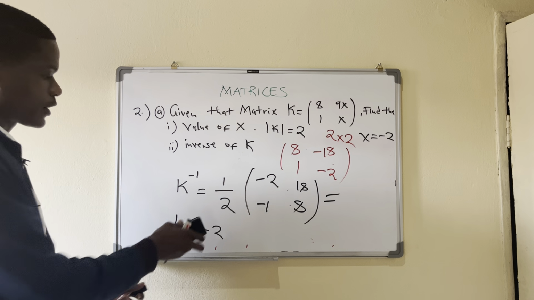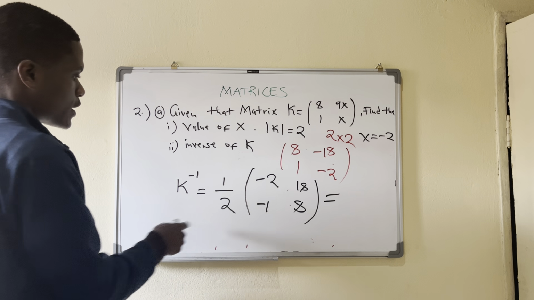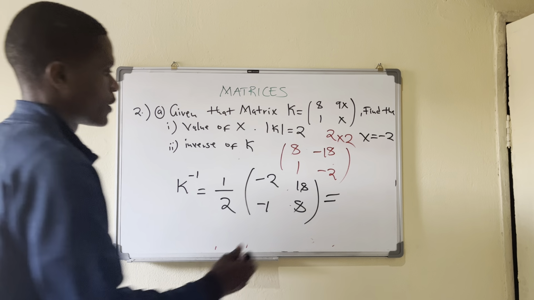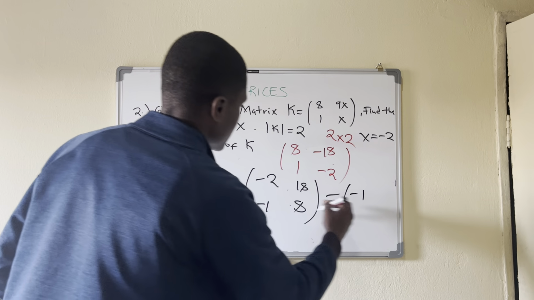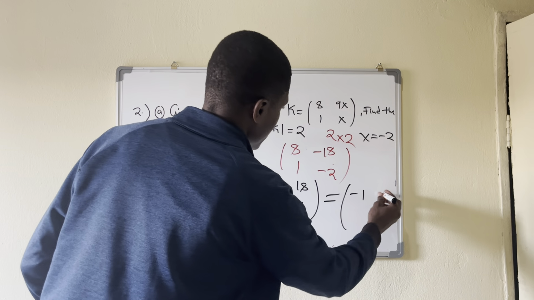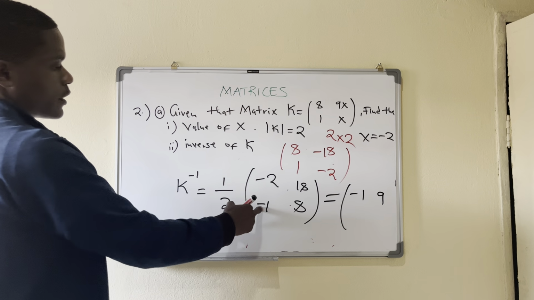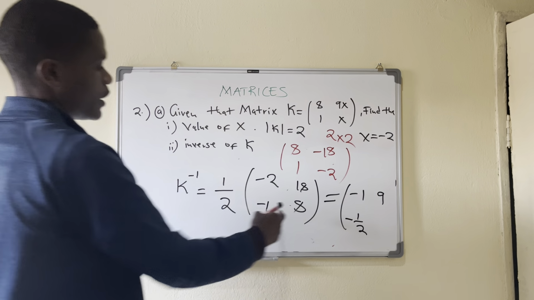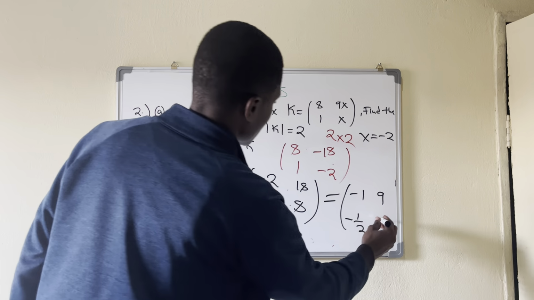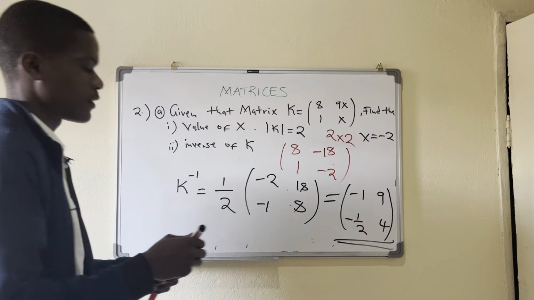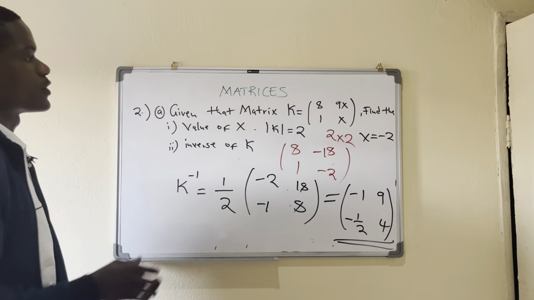When you're multiplying by a fraction and on top there is a 1, you're just dividing by 2 throughout. 2 into negative 2, that is a negative 1. 18 divided by 2, that is 9. Negative 1 divided by 2, negative 1 over 2. 8 divided by 2, that would be a 4. So in full, that is the inverse of our matrix.